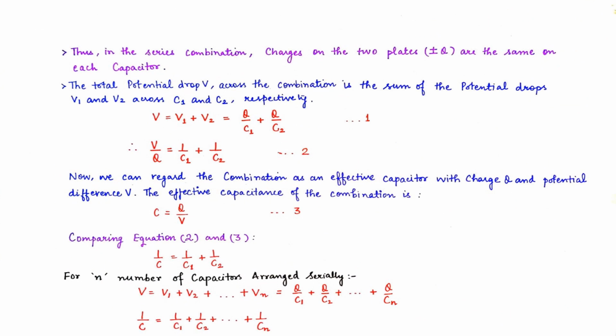Thus in the series combination, the charges on the two plates, plus or minus Q, are the same on each capacitor, but the potential changes, because we are trying to maintain the same charge on both plates.